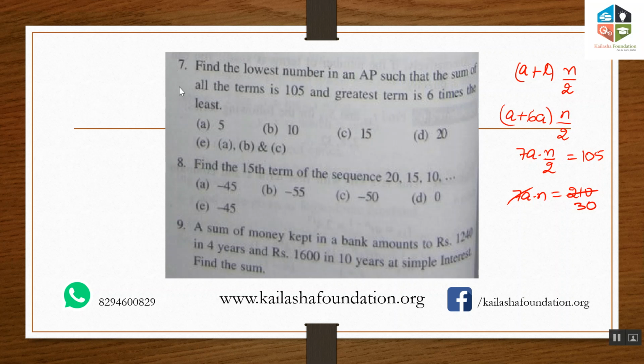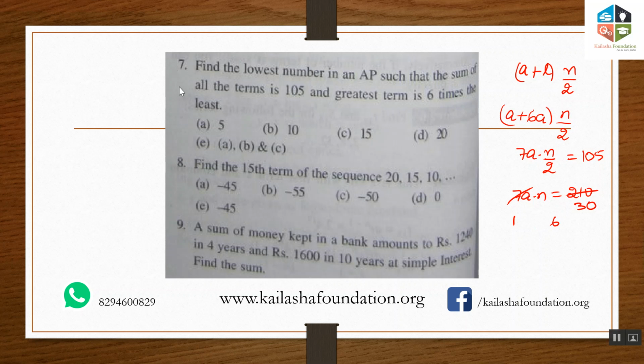Say a is 1. Then the last term will be 6 and n will be 30. But then the terms will be in decimal.